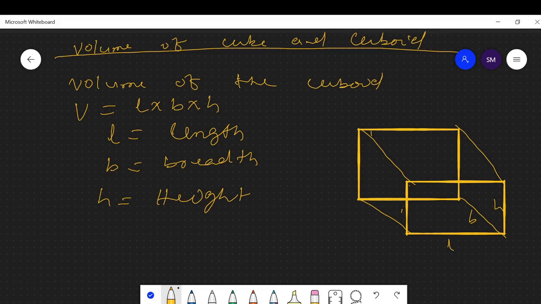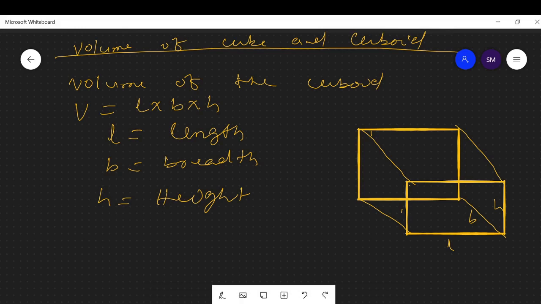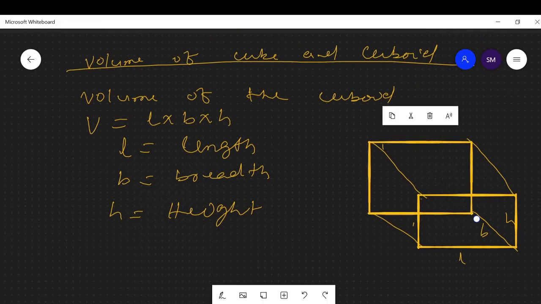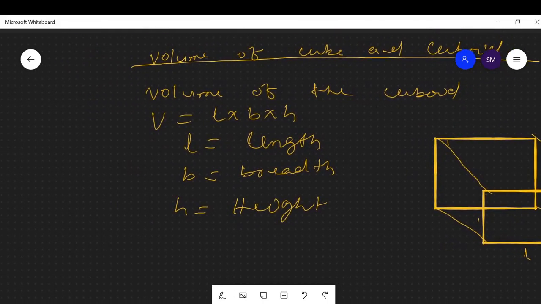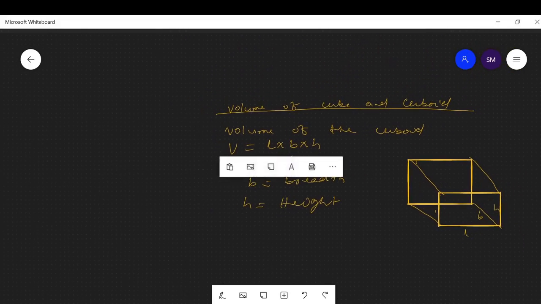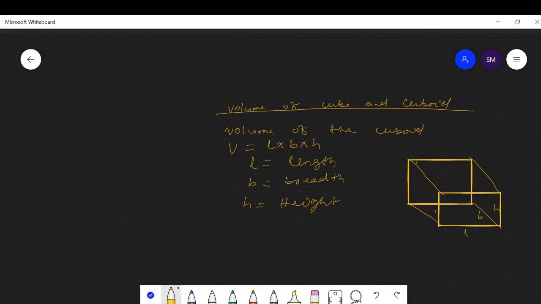Then the volume of the cuboid is length into breadth into height. Then let us discuss the volume of a cube.